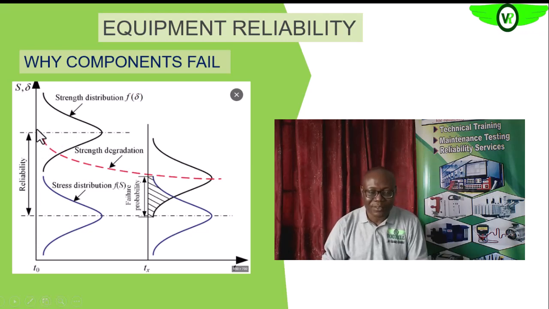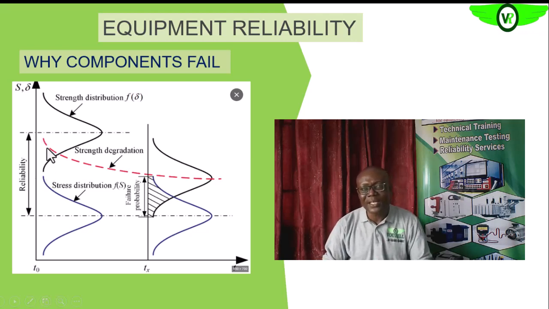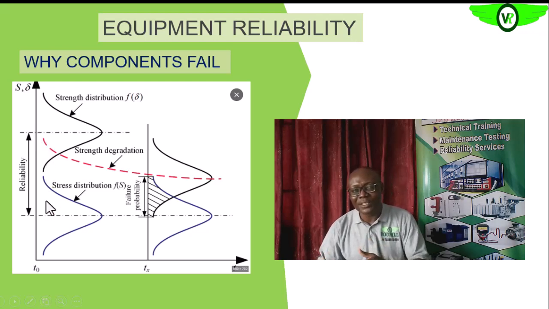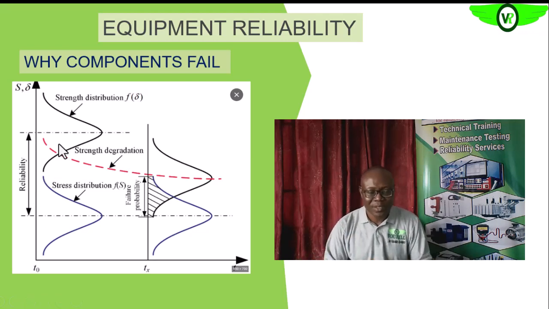So if this is what is usually done, then why are these components or these assets failing? Because if that factor of safety is considered while producing that particular asset, why then does it fail?